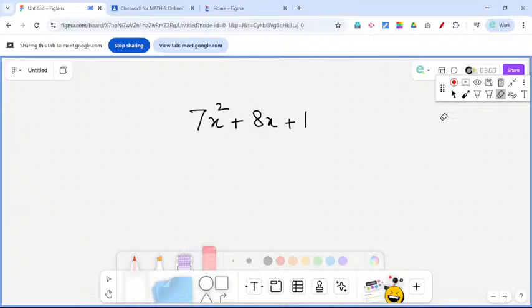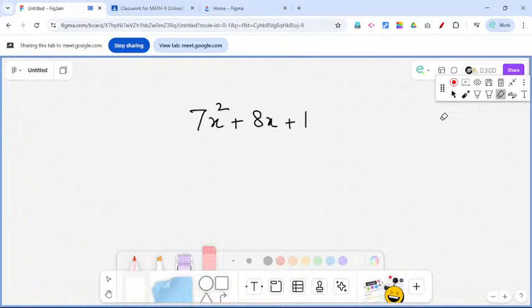Standard form is ax square plus bx plus c. So what we do, we multiply a and c, which is ac, and then we find the factors of ac.